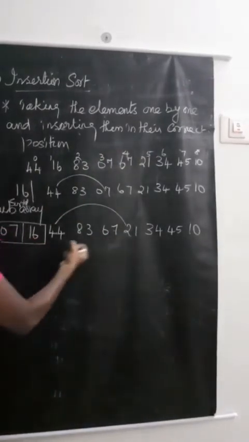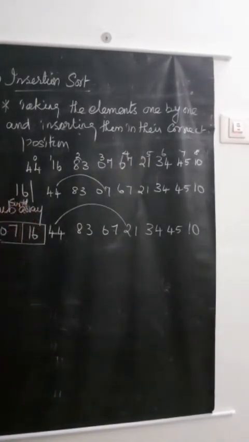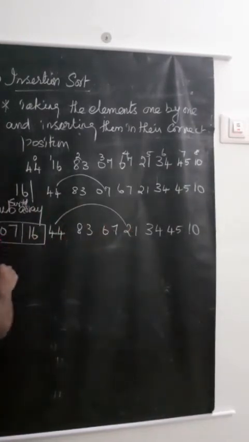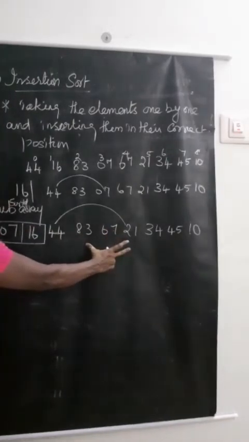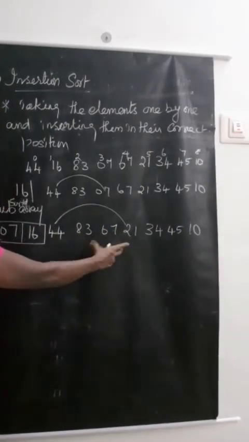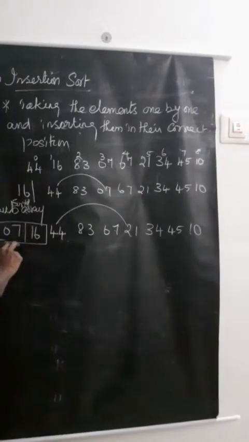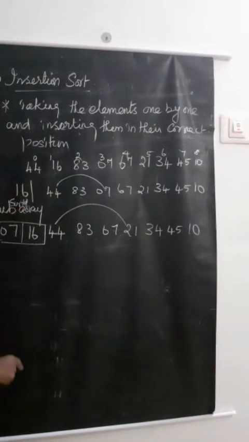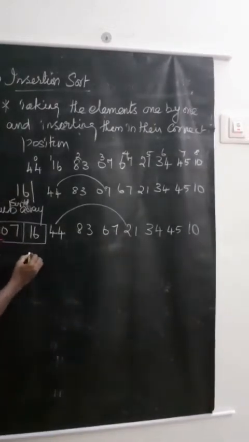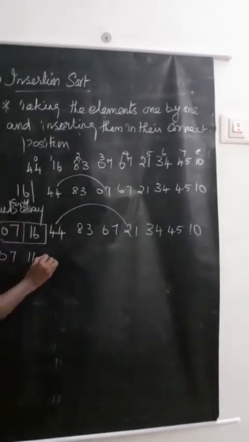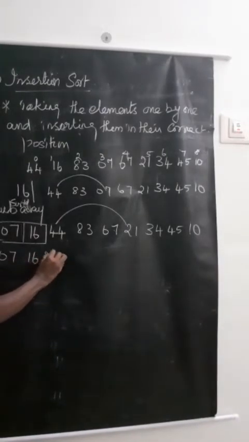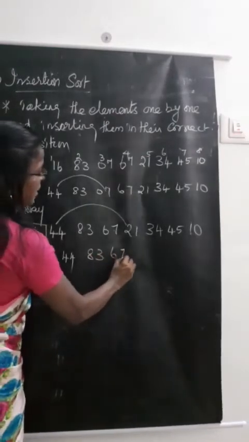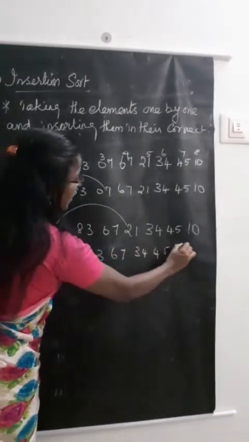The element picked from the main array must be included in the subarray, but in the right, correct position. So now 21 is placed next to 16: 21, 44, and again 83, 67, 34, 45, 10.